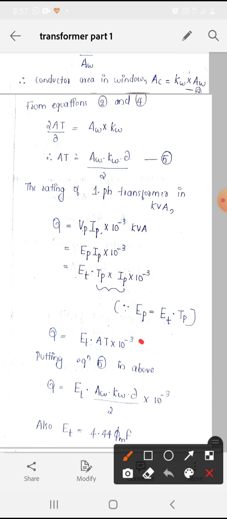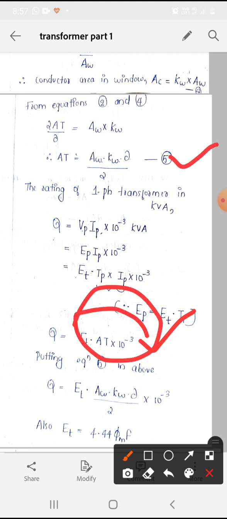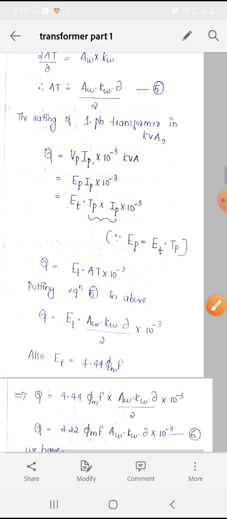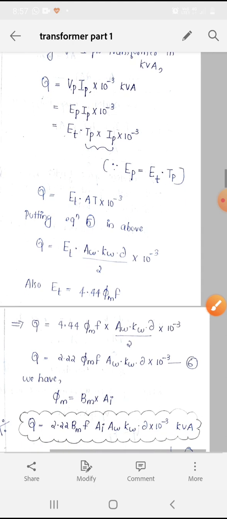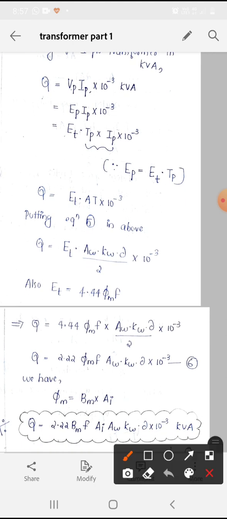Okay. Putting equation number 5, that is this equation here, we will get the equation as Q is equal to ET into AW KW delta by 2 into 10 raised to minus 3. Also, we know that induced EMF ET is equal to 4.44 phi m f.